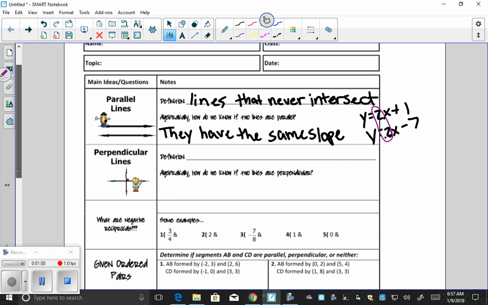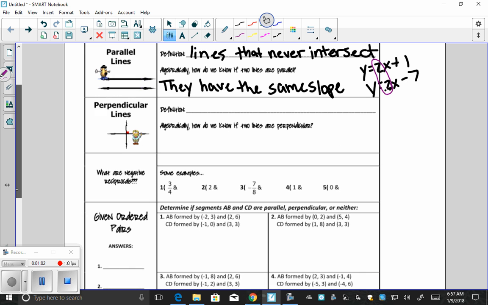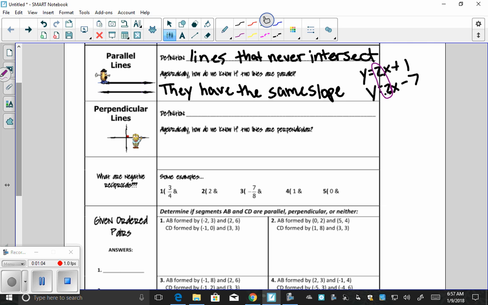The other type of line that we're going to talk about is a perpendicular line. So parallel lines are two lines that will never cross because they have the same slope. Perpendicular lines will intersect each other.